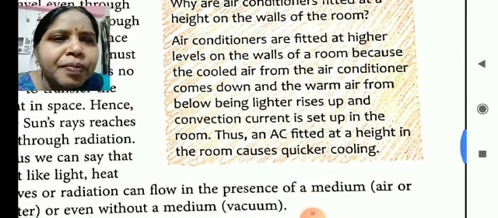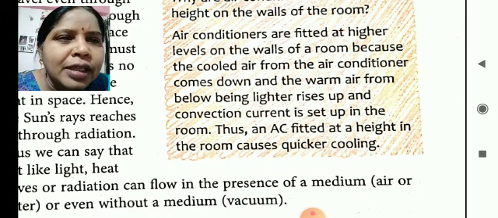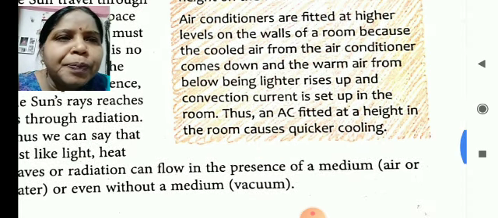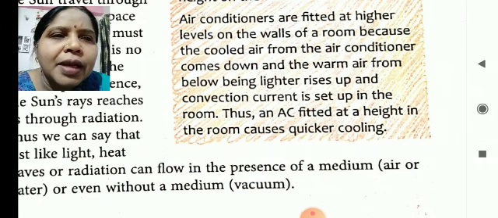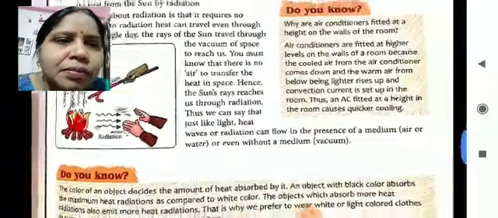Because the air conditioner takes the warmer air that goes up, and it becomes cooler and heavier, and comes down. Thus, the warm air from below, being lighter, rises up and convection is set up in the room.